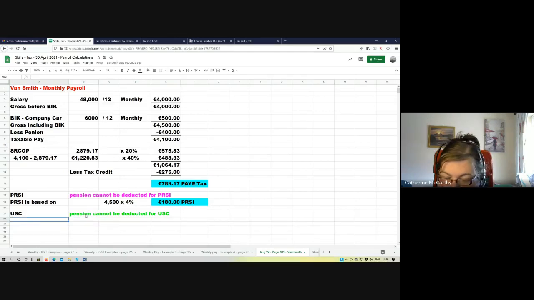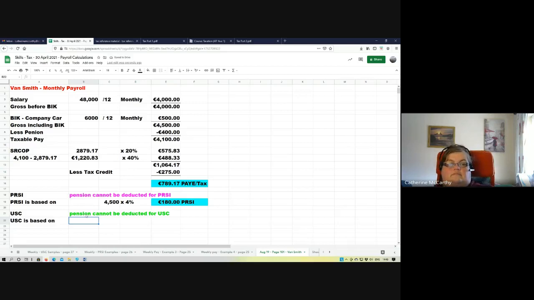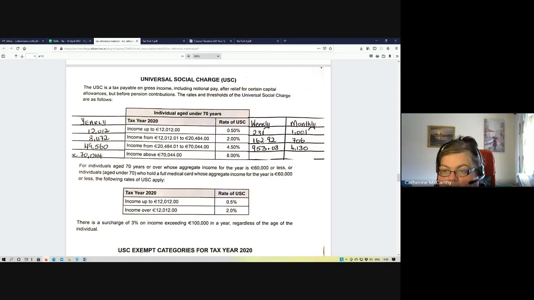And USC is based on the 4,500 again. So if we go to our tax reference material, we need our monthly figures: 1001 at 0.5%, 706 at 2%.